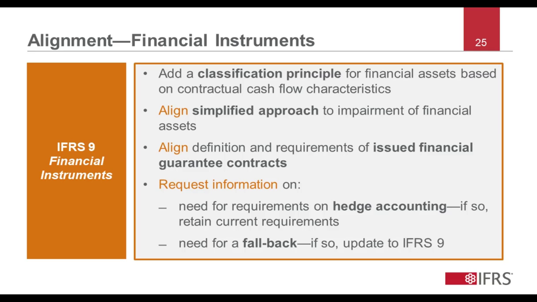So the Q&A requires at the moment that these instruments are measured at fair value at each reporting date. But the SMEs had suggested that the board consider this approach. So the board did that, and what the board decided was to seek views, to ask you about aligning the accounting for issued financial guarantee contracts with IFRS 9 and to introduce the definition of a financial guarantee contract.